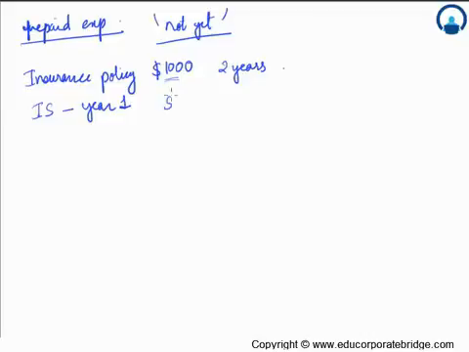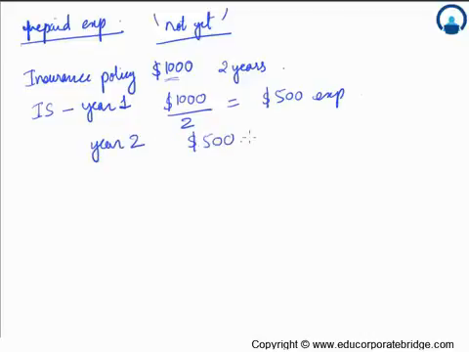So in the income statement you will take the apportioned portion for 1 year. This will be 1,000 divided by 2, that is $500 as an expense, right? In year 2 again you'll take $500 as an expense against the insurance policy.